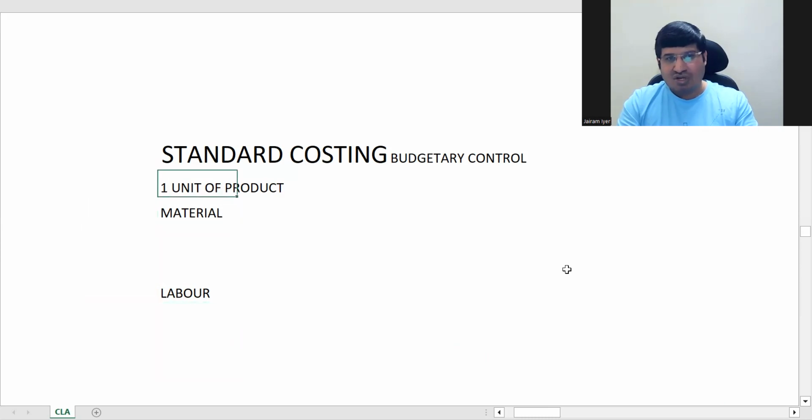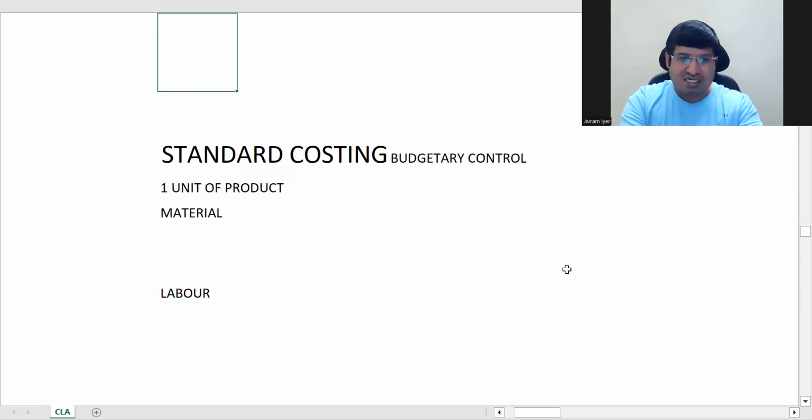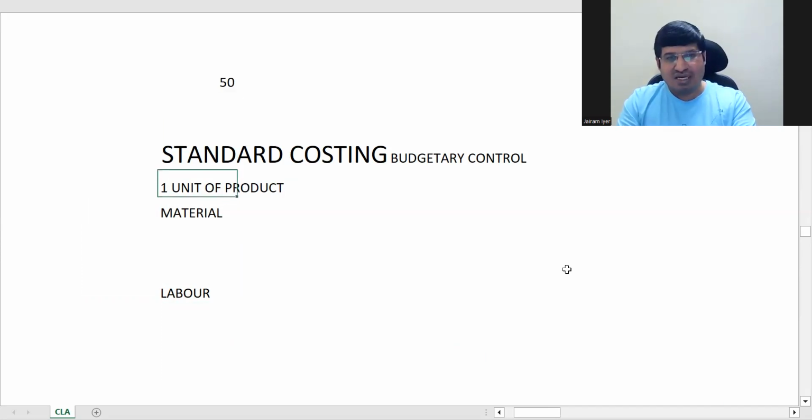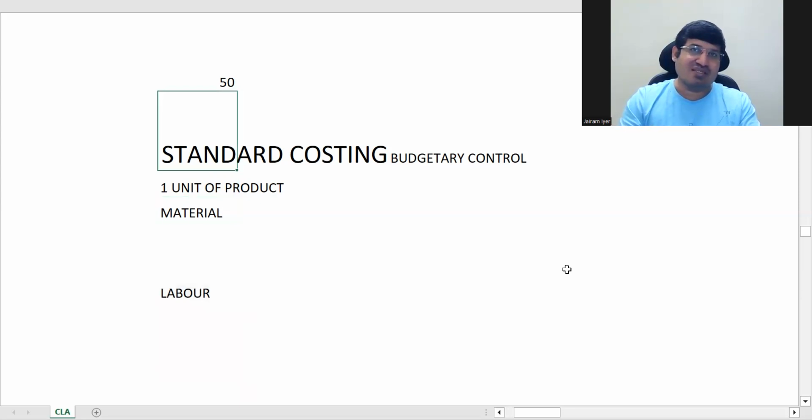So the total cost should be this much, let's say 50 rupees per unit. Whenever it is more than this 50, you see which element of cost has exceeded. That's how you come to know the variance, and then you can take action on this. So standard costing is a technique of cost control.